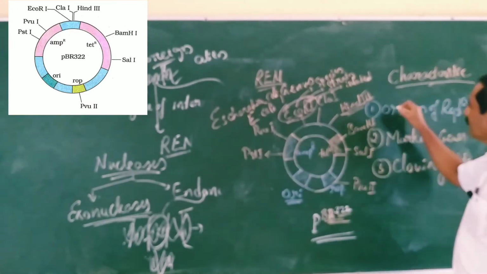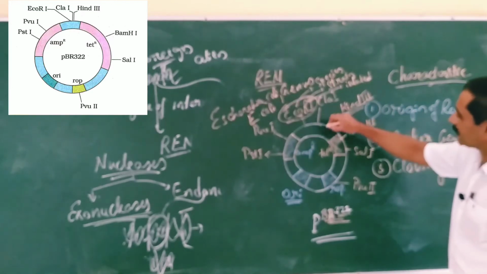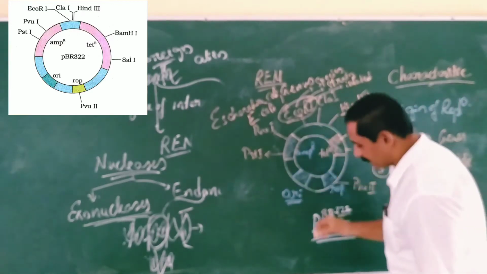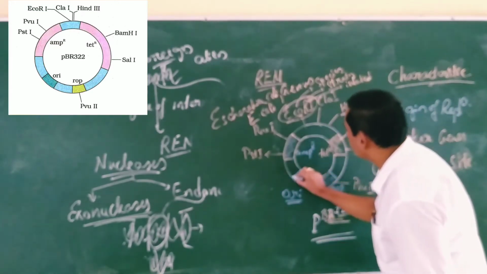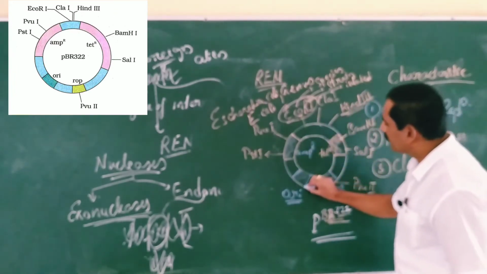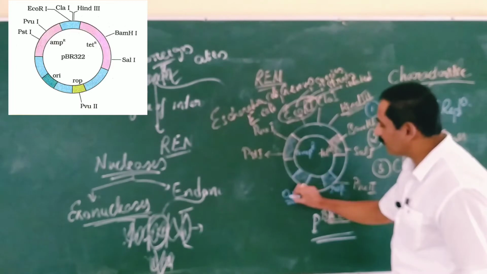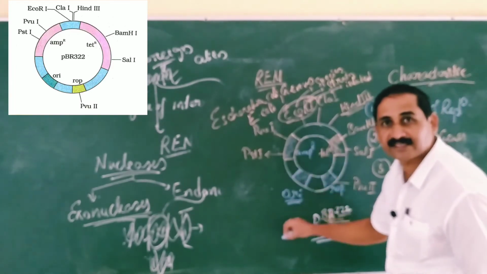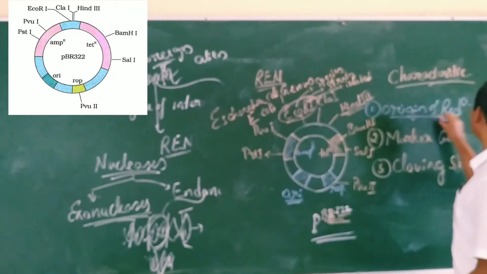This plasmid vector is having two important sites. The first is a site called ori, that is the origin of replication.